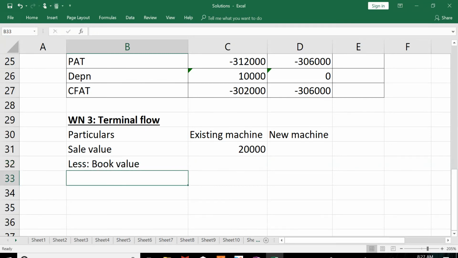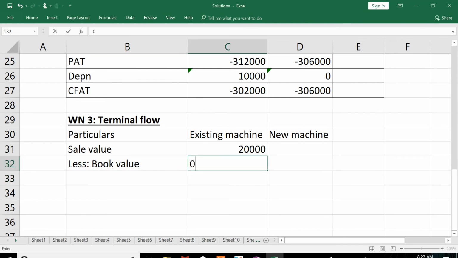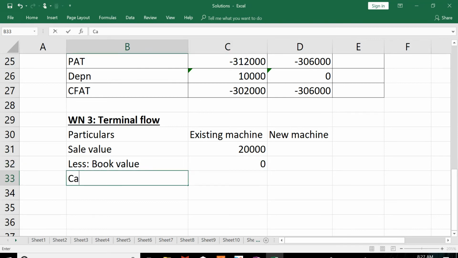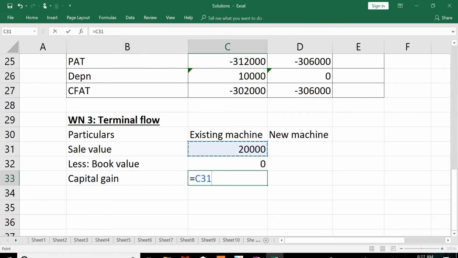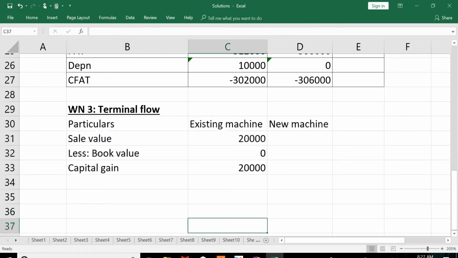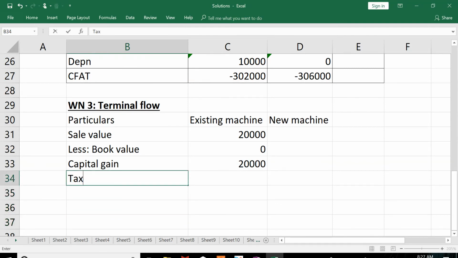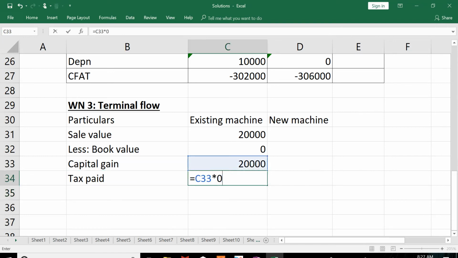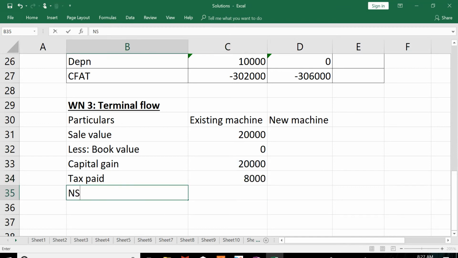Less, what will be the book value? 0. Capital gain 20,000. Tax paid is 8,000.